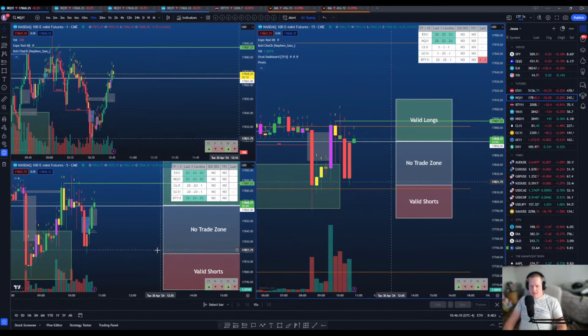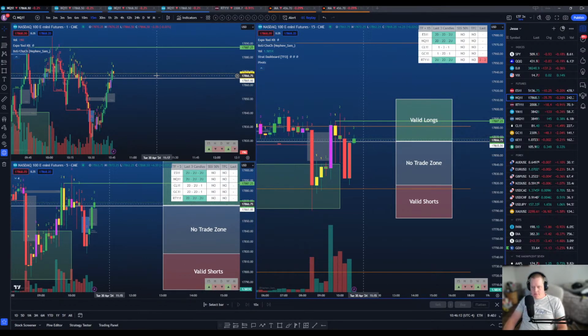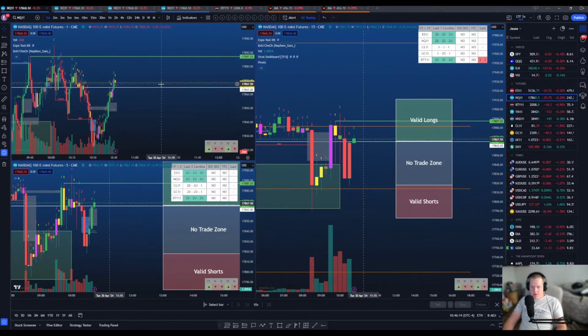So valid longs right now, 222 continuation on the 5, 22 reversal on the 15. This is an A plus setup long. Yep. Looking for a setup onto 1.